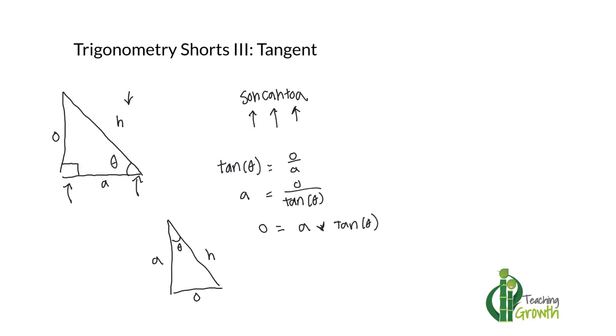Now, how do we solve for theta? Just like sine and cosine, tangent also has an inverse function, and we generally call that tan inverse, or you'll sometimes see it written as arctan. And I'm going to stress this one more time because it's a really easy mistake to make. Tangent to the negative first power does not equal 1 over tangent of theta.